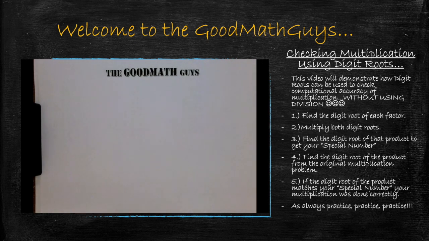Basically what this video is going to show you is a method for checking multi-digit multiplication problems without having to use any type of long division. Most fifth graders and fourth graders, when they're asked to check their accuracy for multi-digit multiplication problems, the textbook teaches them that they need to use the inverse operation, which is division.